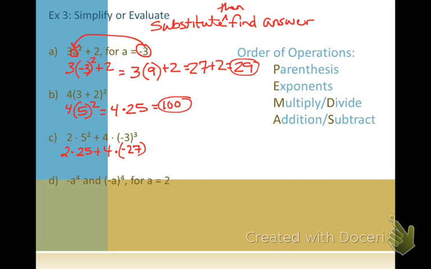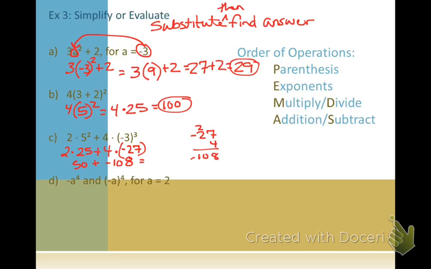And then I could do 2 times 25, which is 50. And I could do 4 times negative 27. That I'm going to have to do on the side. 8, 9, 10. So it's negative 108. All right, now I have 50 plus negative 108.